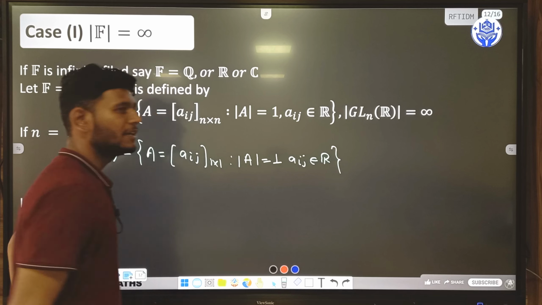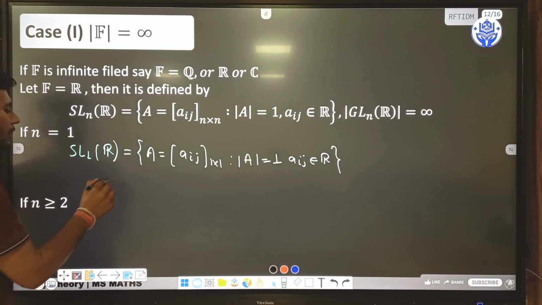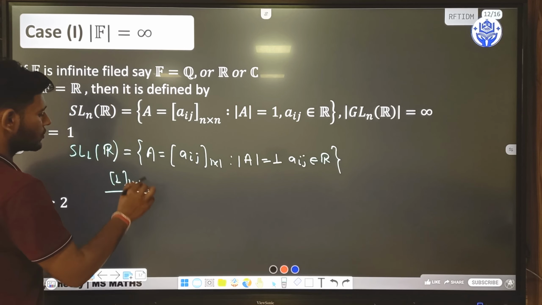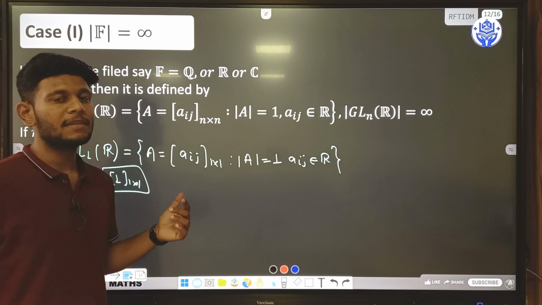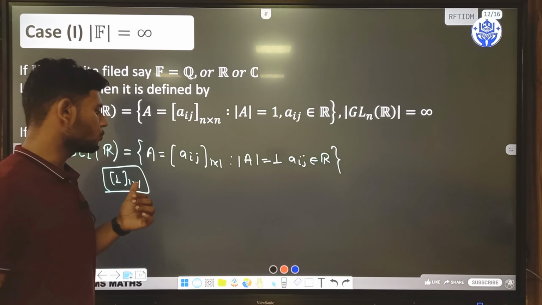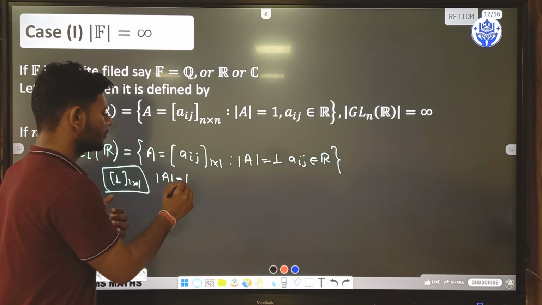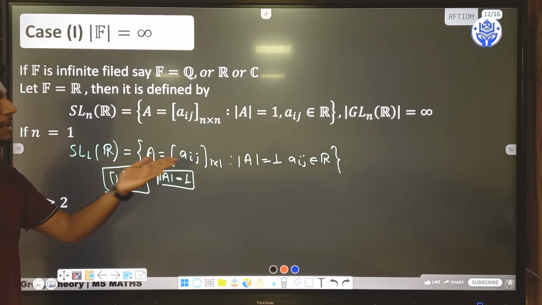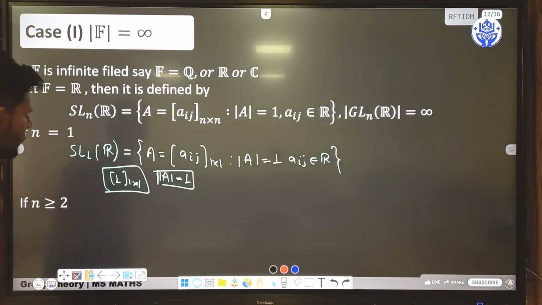Only one element will be there. How? Only the 1 cross 1 matrix whose entry is 1 will have determinant 1, because if you write any other number here, that will be the determinant itself, so it can't be equal to 1. That is the simple case here.